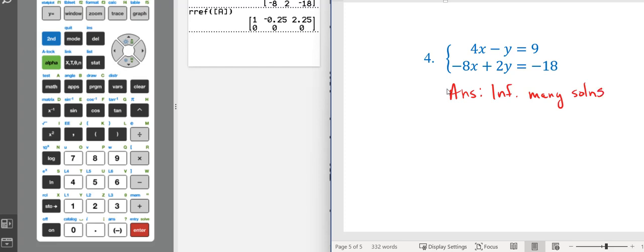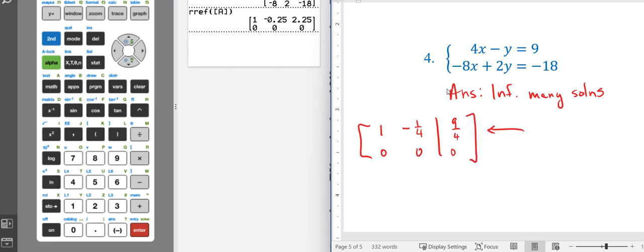All right, to go above and beyond, I have 1, negative 1/4, and 9/4, and then 0, 0, 0. Okay, that first row says x minus 1/4 y equals 9/4. So if I add 1/4 y to each side, I get x equals 1/4 y plus 9/4.